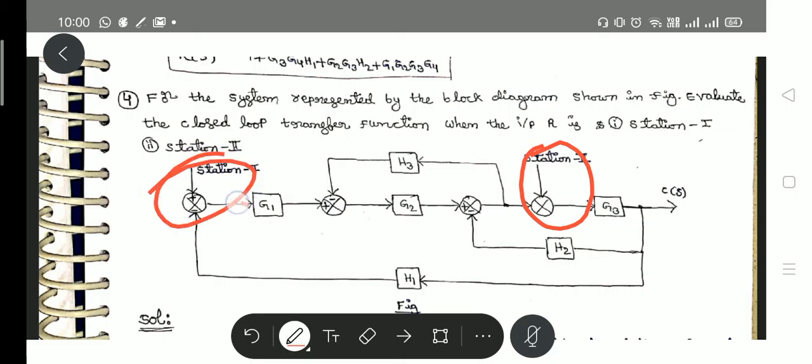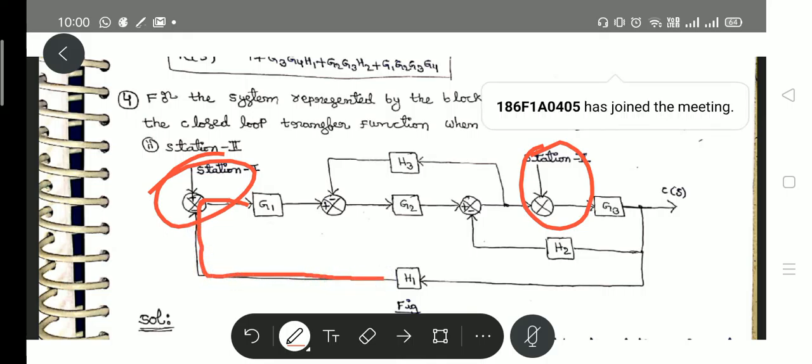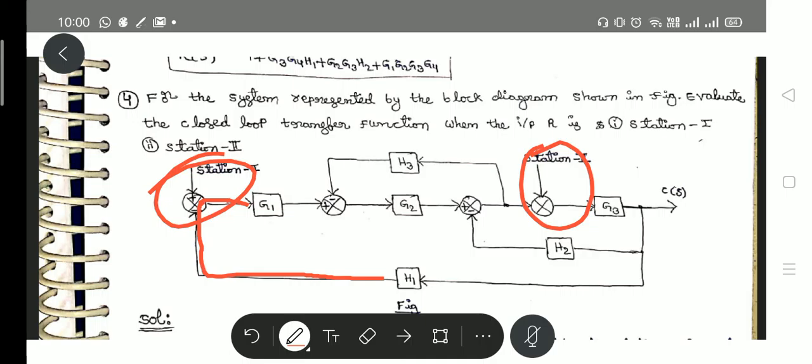So the summing point will be eliminated, and G1 will go directly to H1. Here station 2 is considered, so the input is R here.